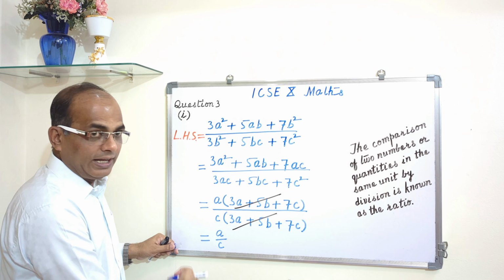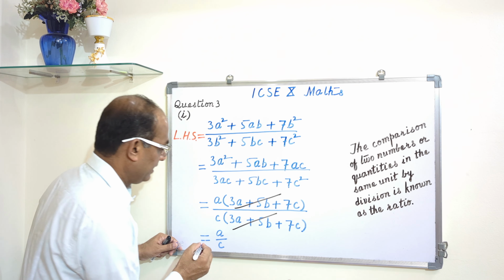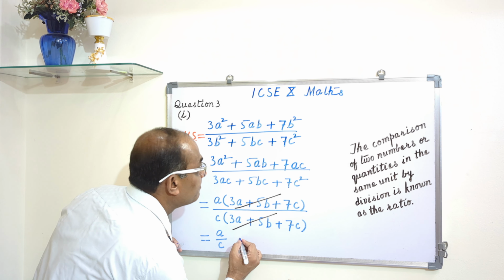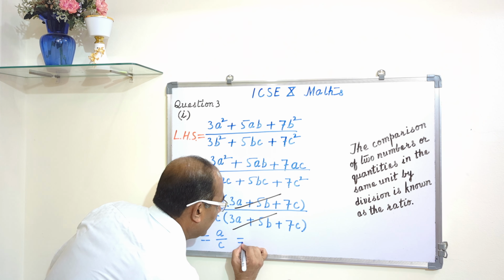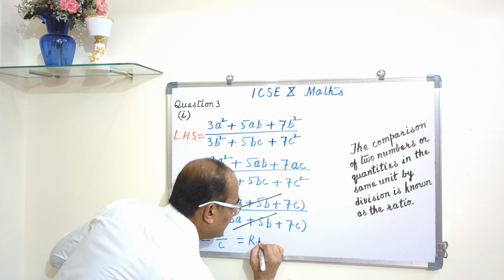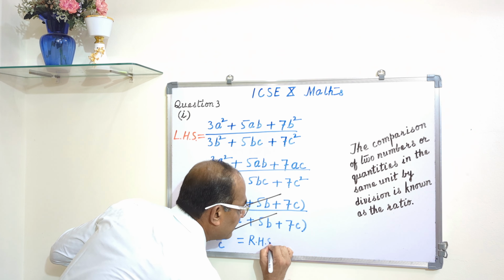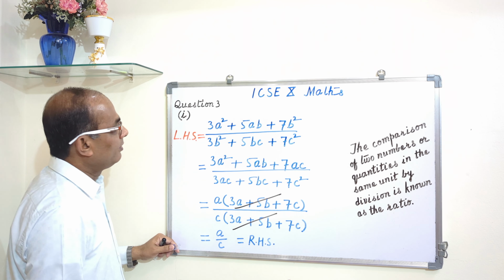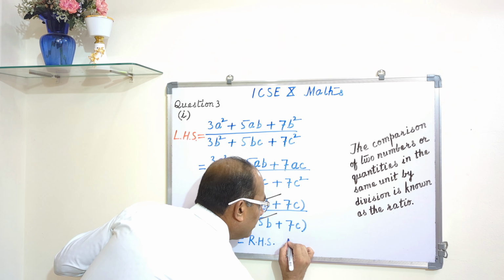And below that, next step, is equal to RHS. RHS. Proved.